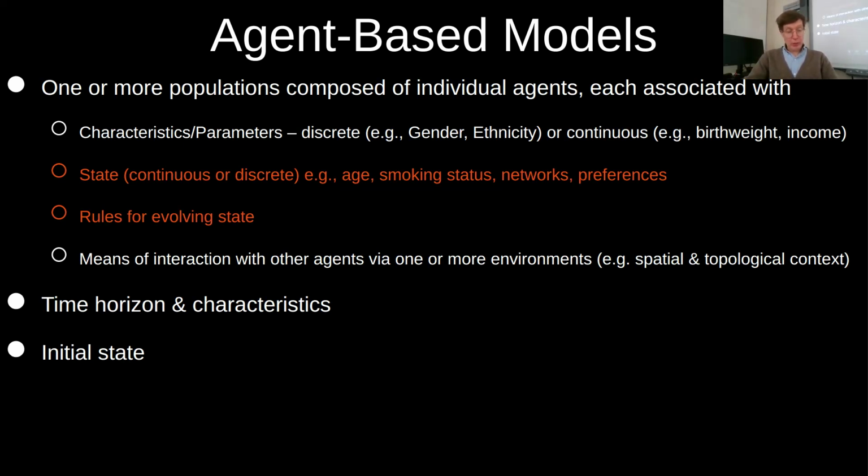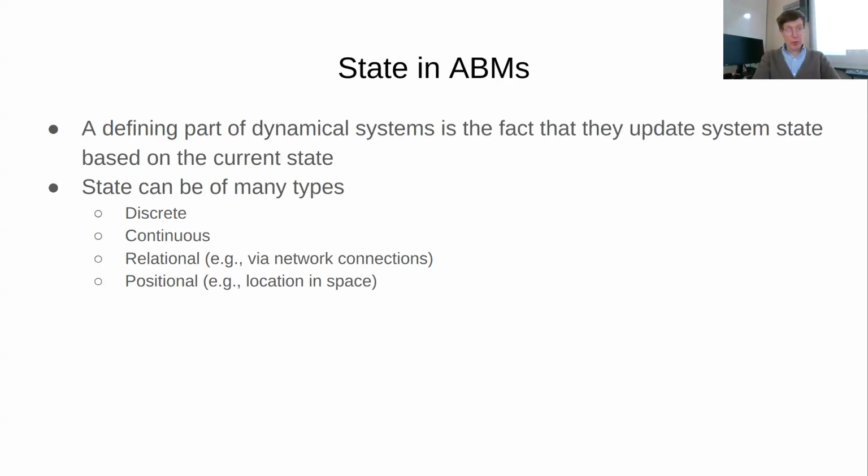That will likely continue next time before we get to a more general sort of reflection on different ways to specify state updates declaratively and imperatively. I will note that other characteristics of agent-based models, such as their means of interaction within spatial and topological contexts, their connection to others, aspects of the time horizon, and initial state will be the focus of future sessions.